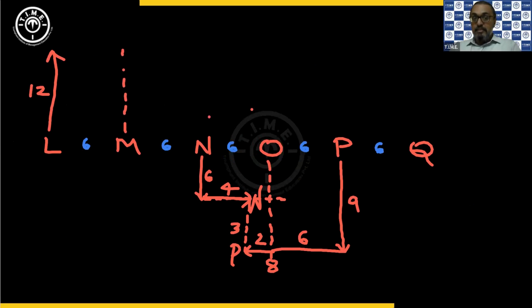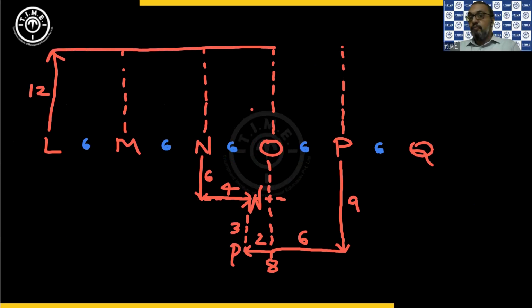That means this is 6, another 6, another 6, another 6, so total is 24. So we have 6, 6, 6, 6, and another 4, so that this is 28 meters. Now this is L's final position.